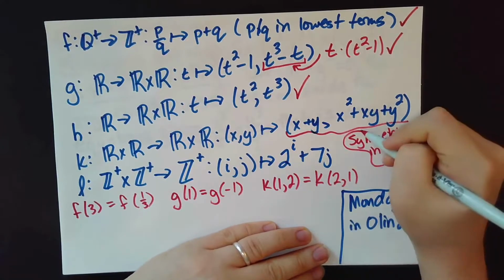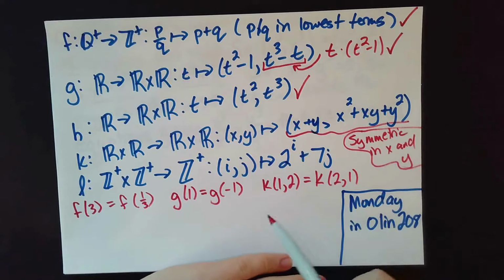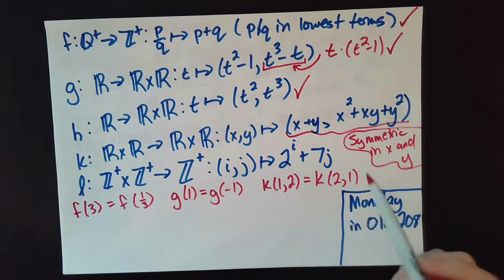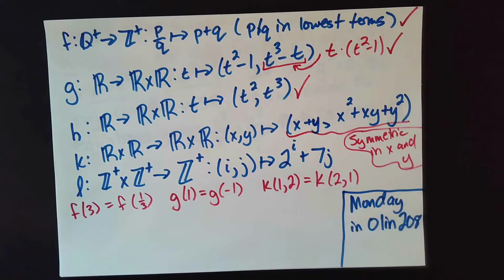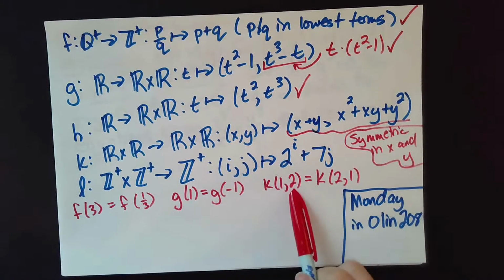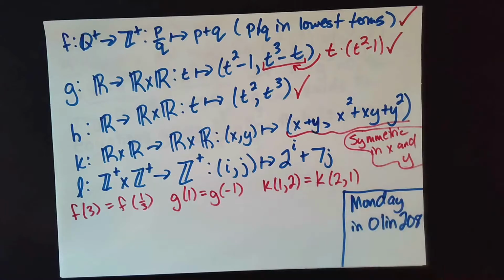And so that means 1, 2, and 2, 1 are going to give you the same thing, but so are 3, 7, or 8, 16, or 9, 121, and 121, 9. Any pair of inputs, if you swap them, will give you the same output because of the structure of the way this is written.